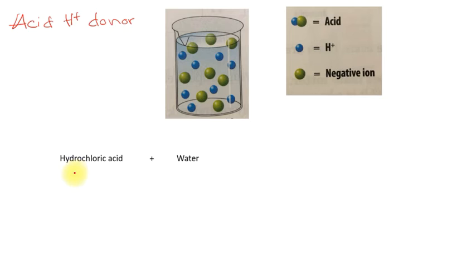So let's look at our diagram again for hydrochloric acid. Okay, so we have H and chlorine, 1, 2, 3, 4, 5, 6, all right, plus water, which the dot diagram would look like this, oxygen, and a hydrogen bond down here.